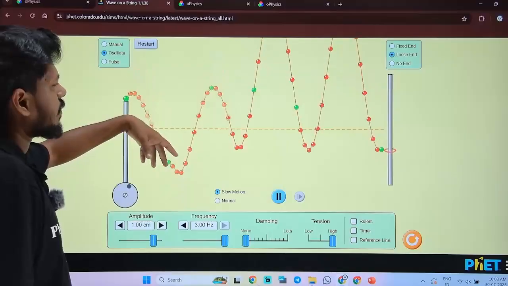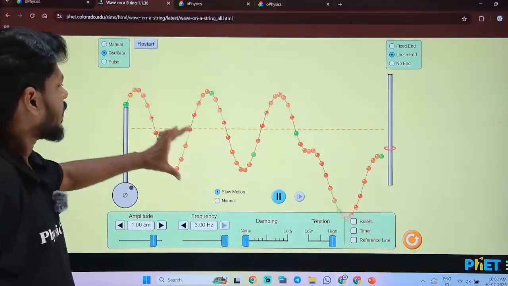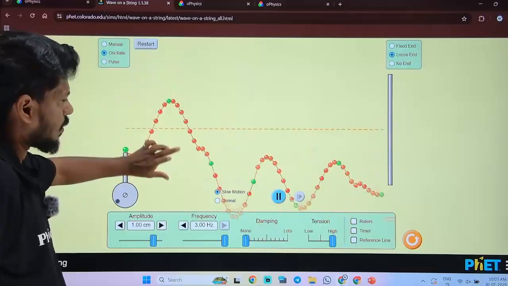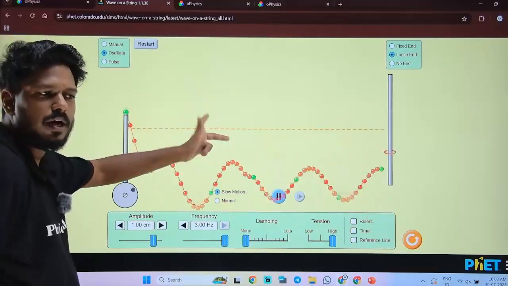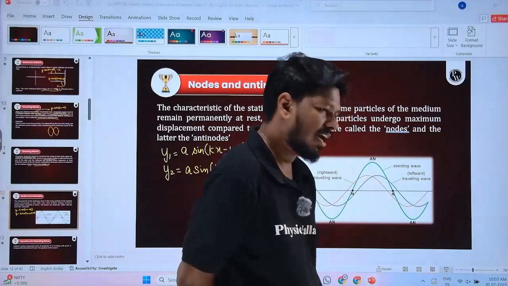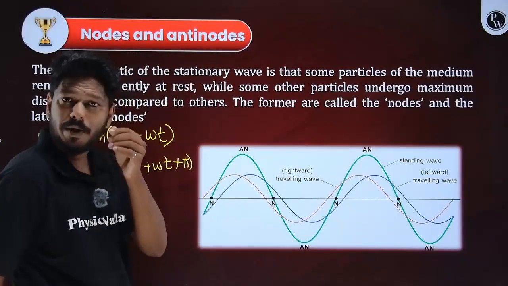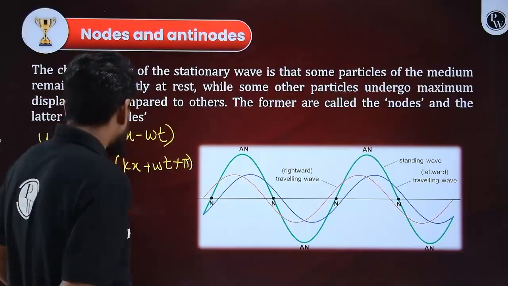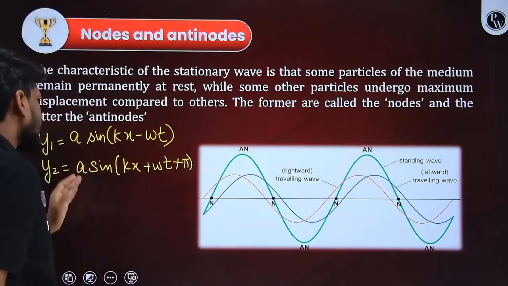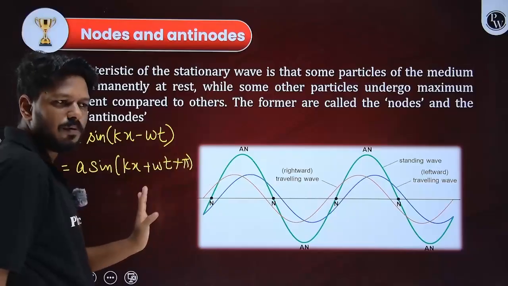Even see the last end is open end. But if you see this particular part, up, down, up, down. So irrespective of open end or close end, we can have wave. Because later on in the topic we are going to discuss about open air column also. So my wave can be both, it can be plus pi or without plus pi.